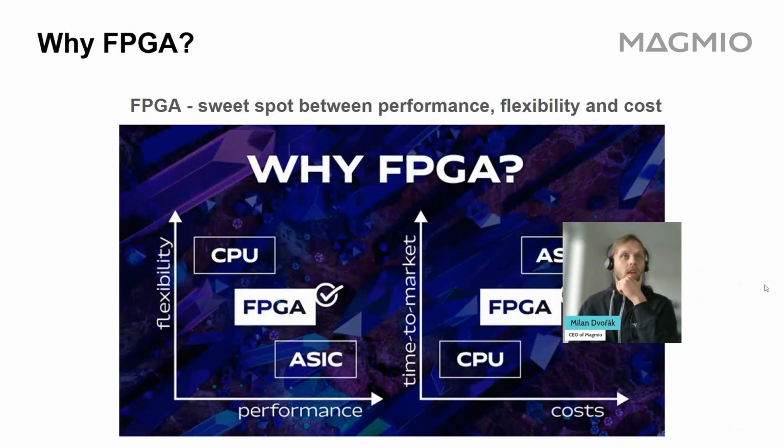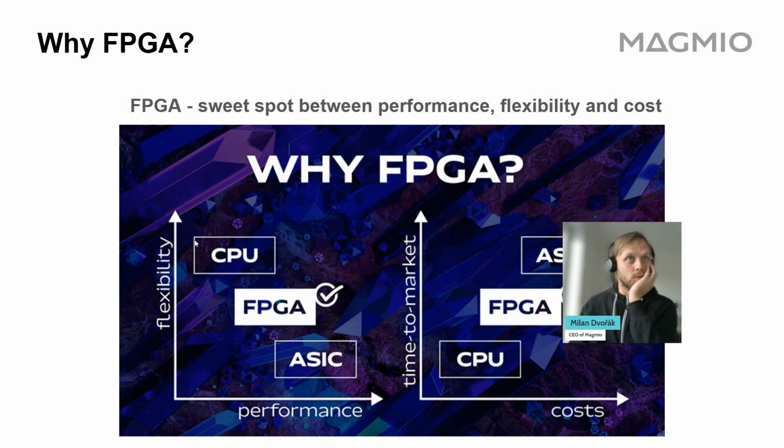So I wanted to explain a bit more about what an FPGA is and what it offers. I mentioned that it's programmable, it can be customized, and the best thing about an FPGA is that it's a sweet spot between flexibility, performance, and cost.